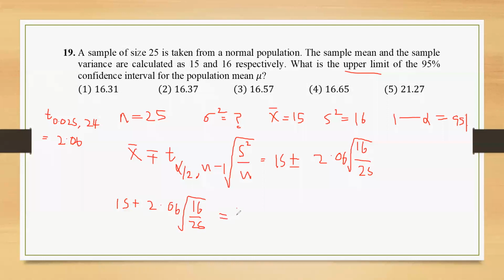If you simplify this part further, it is 1.61, so the final answer is 16.65. Is there an answer like that? Yes, the fourth one. Very easy, right? You can do the calculation exactly, and the answer is in your answer script.